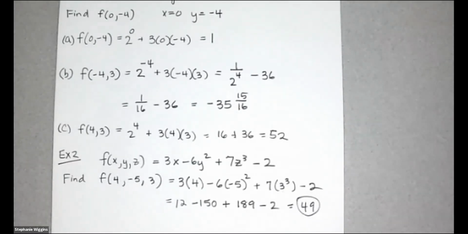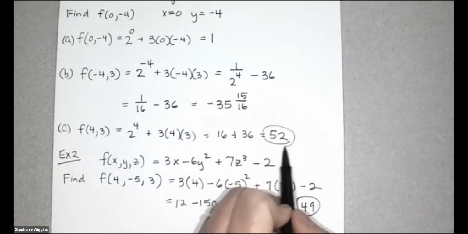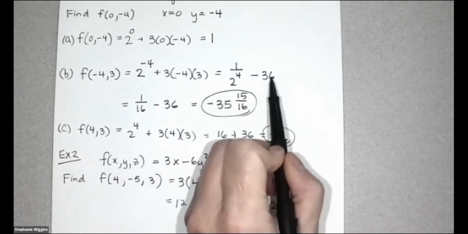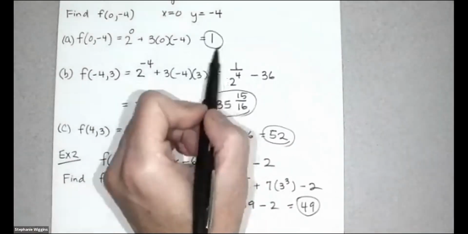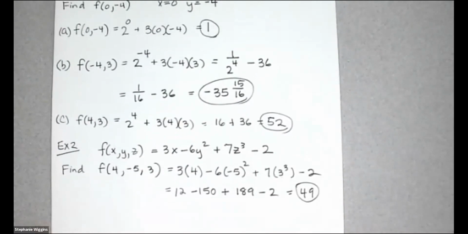Okay? All right, so that's how you evaluate a multivariate function. Now, another question that you're going to be asked is, what is the domain, right? Whenever you have a function, that's a typical question, is what is the possible input for this function? And there may be restrictions depending on what your function is, so we want to investigate that.